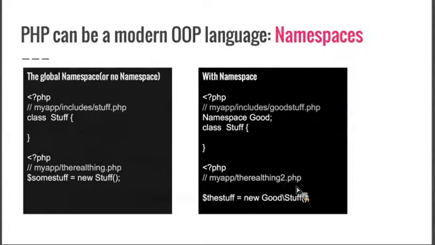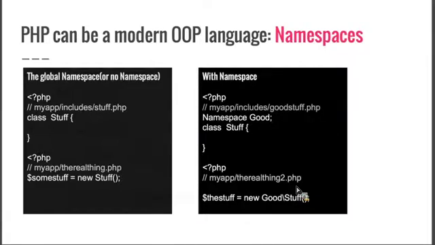So, trying to explain this in a simple way, we have this global namespace, or better said, the no namespace, always there. I have this little app named my app, stored in my app includes stuff.php, and this one defines a class named stuff.